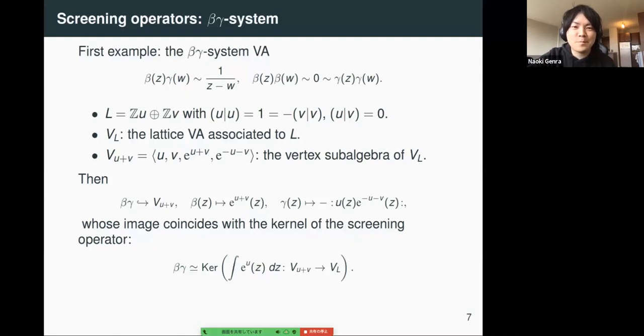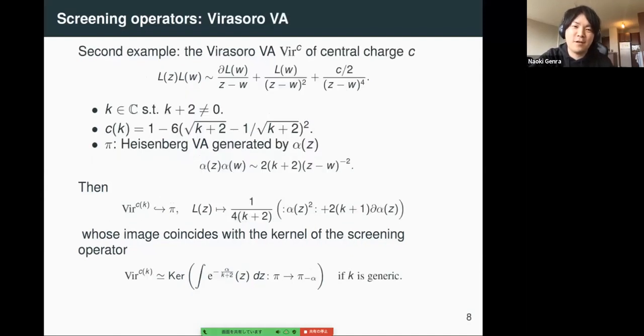So now we consider the Virasoro case. This is the second example. The Virasoro vertex algebra is generated by L(z) of central charge c, satisfying this OPE relation. Now we take k and take c_k as on the first slide. Now we consider pi, the Heisenberg algebra generated by alpha(z).